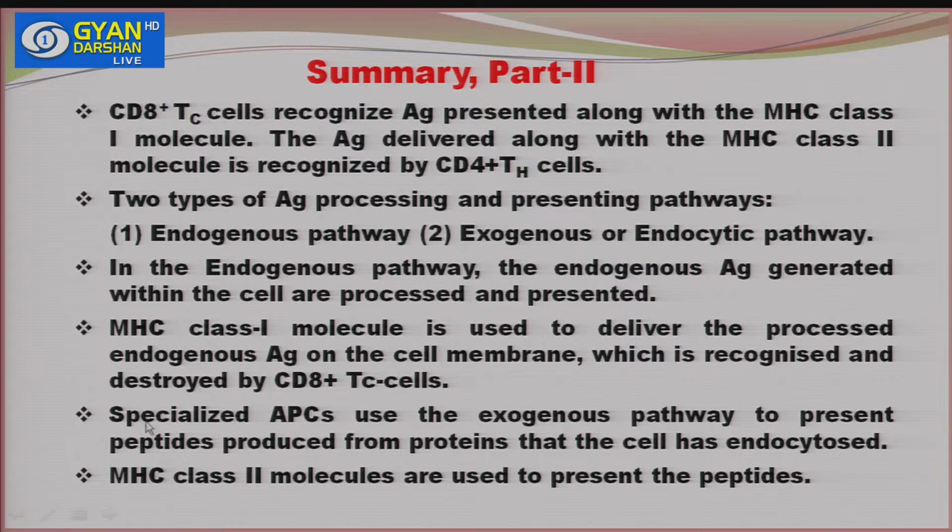You have also learned that specialized antigen presenting cells use the exogenous pathway to present peptides produced from proteins that the cell endocytoses, and MHC class second molecules are used to present the peptides.